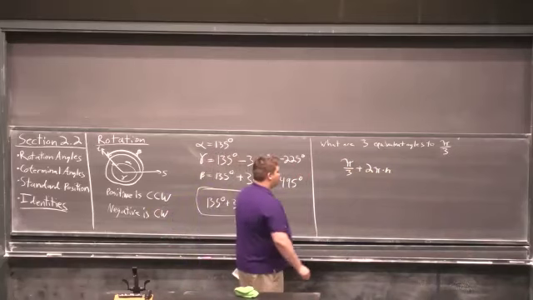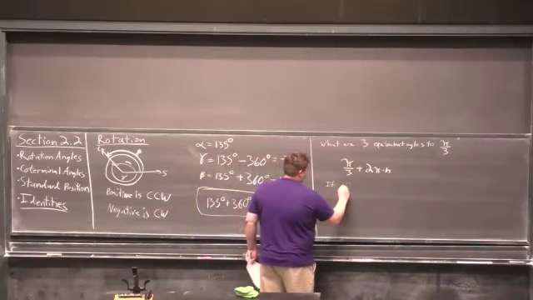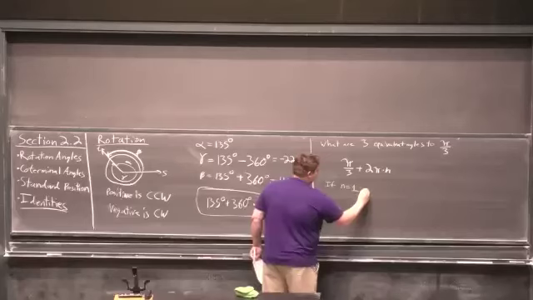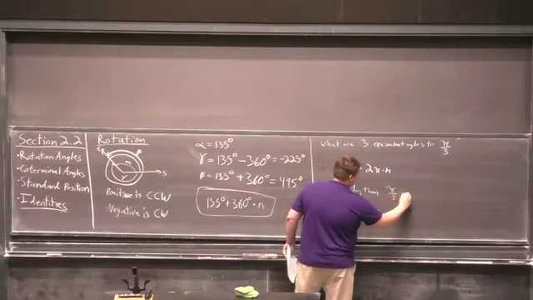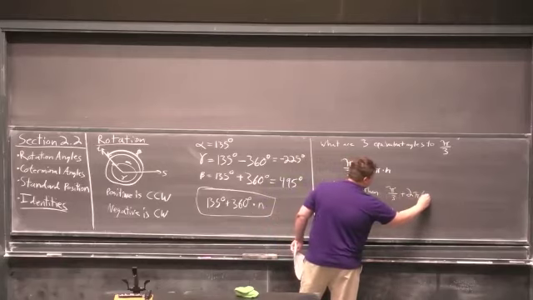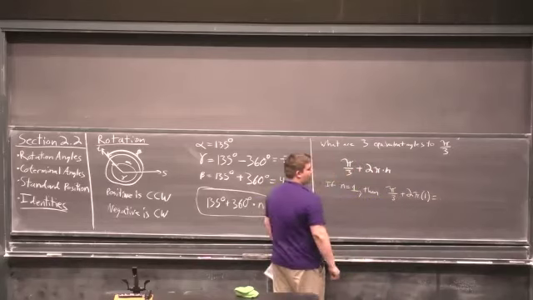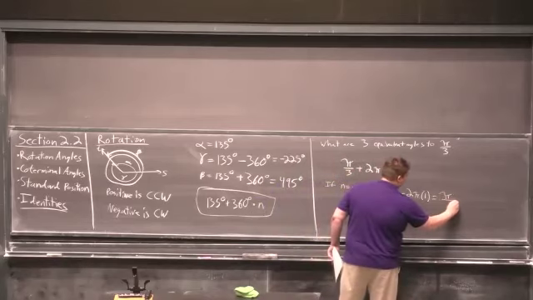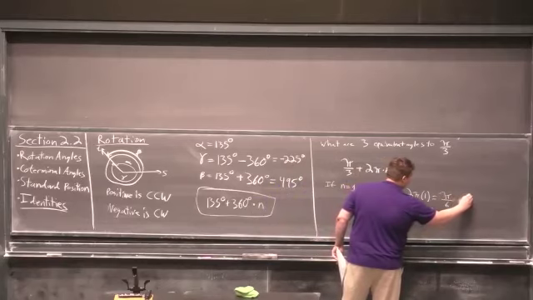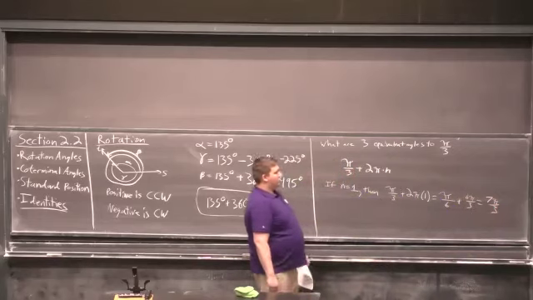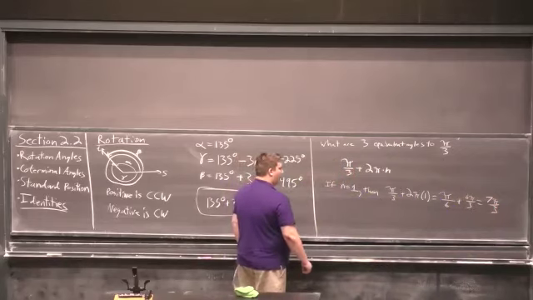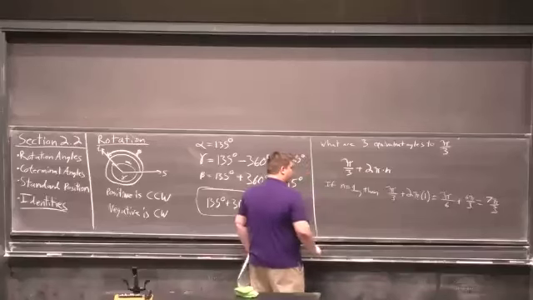So let's try. If n equals 1, then pi over 3 plus 2 pi times 1, well, that's equal to pi over 3 plus 6 pi over 3. So that's 7 pi over 3. Okay. Well, so that's one coterminal angle.